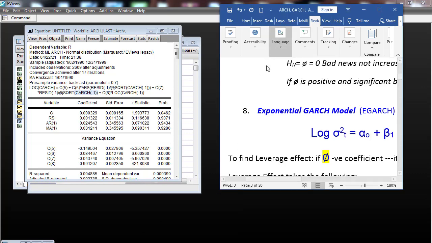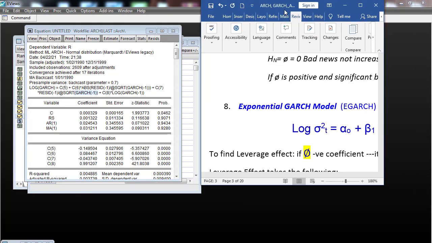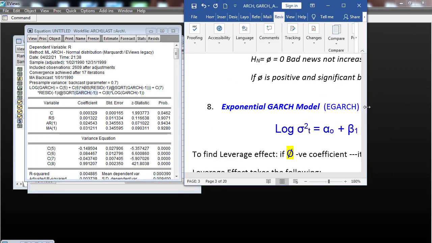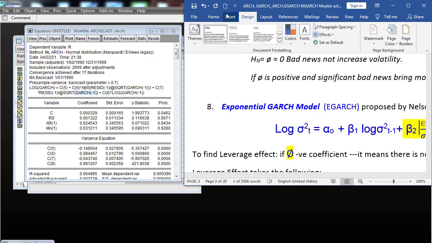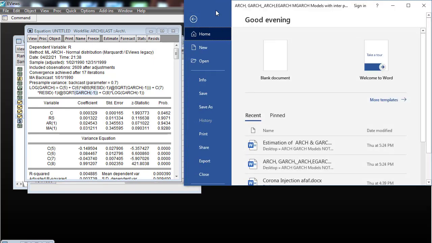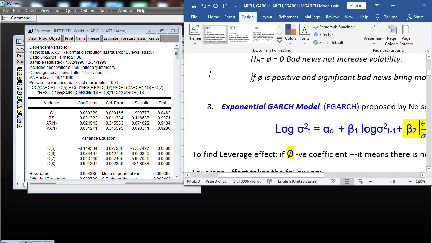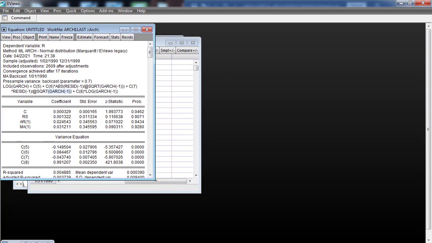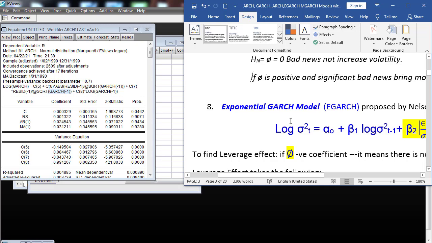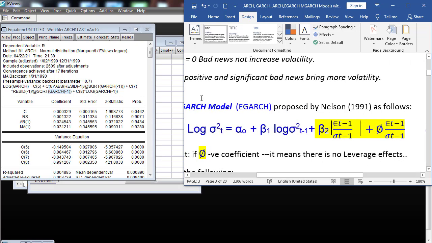Let me show you this part first, and I'll assign all these outcomes to the formula. Okay, sorry. I want to move it, make some space to make it clear for you. Okay, this is the exponential equation, and this is the outcome.